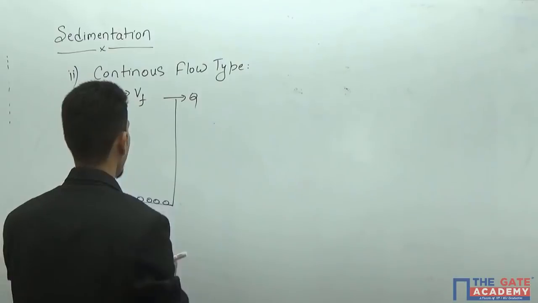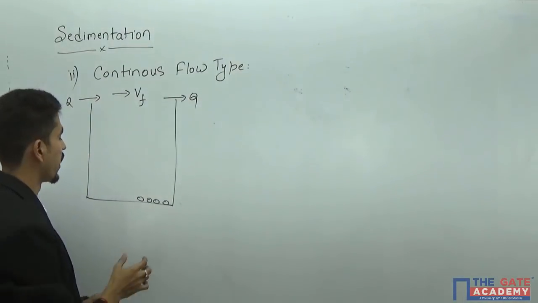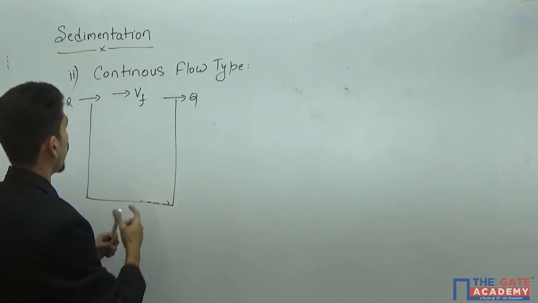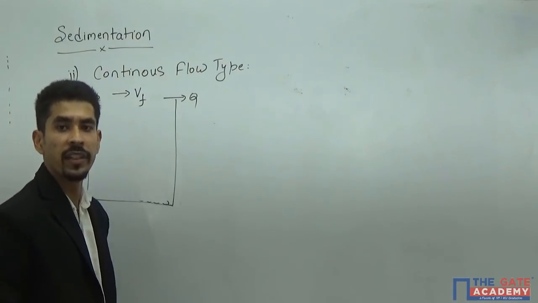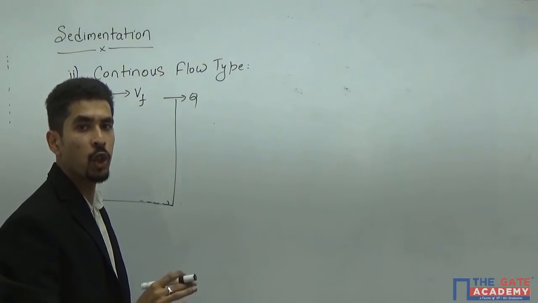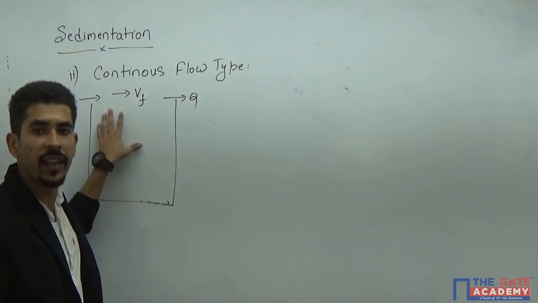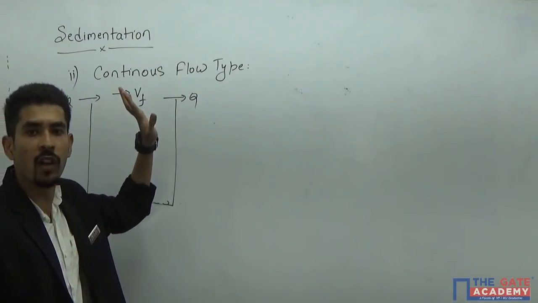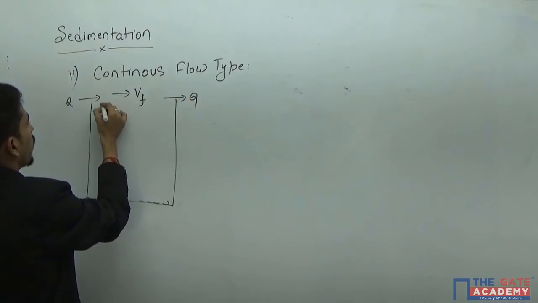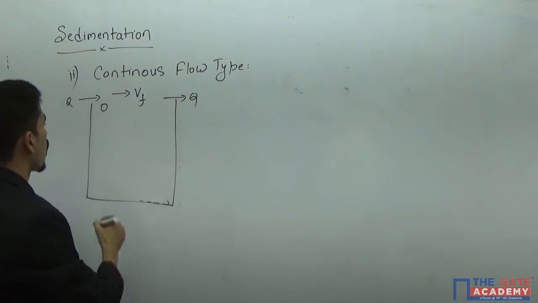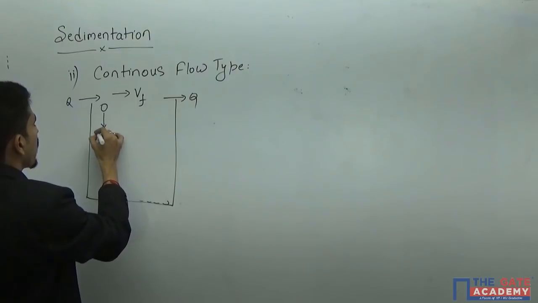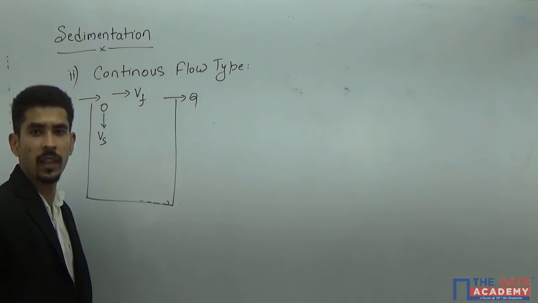What is actually happening inside the sedimentation tank? We have two velocities. I said that we are assuming that the particles which are entering here are moving with a constant flow velocity, and these particles also have some settling velocity, right?